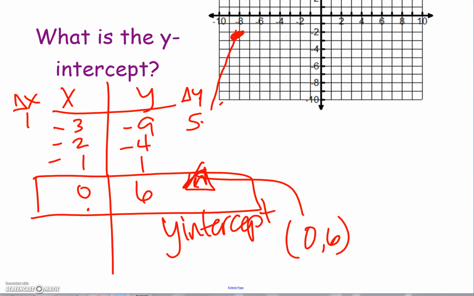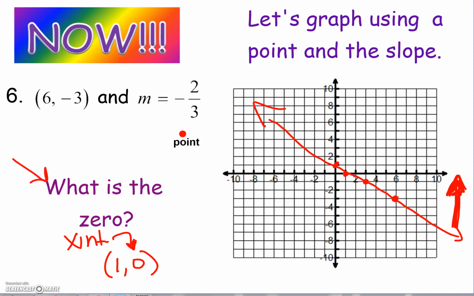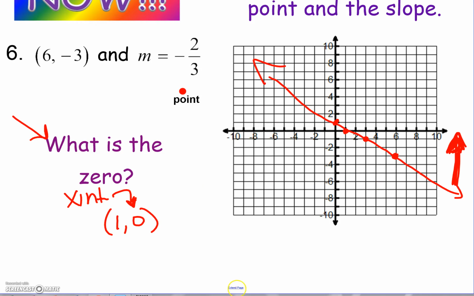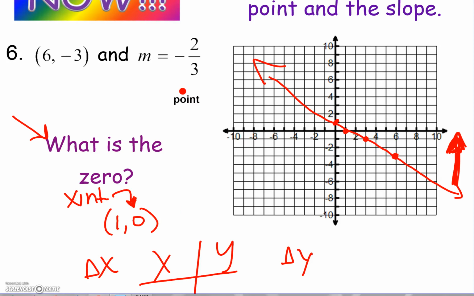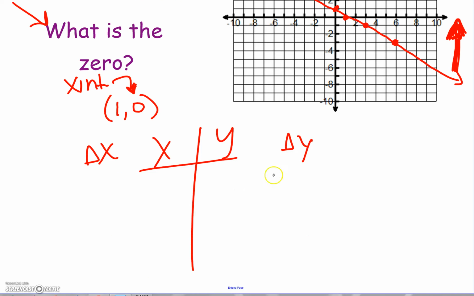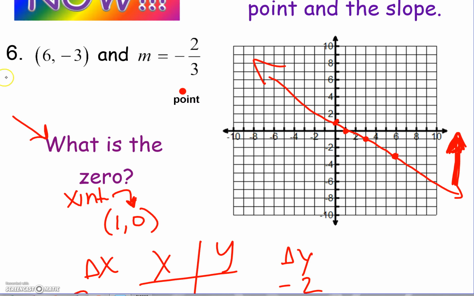Go back to your previous example and let's build a table for that one. So you have your x and you have your y's, and you have your change in y over here and your change in x over here. Now we know that we need to get our y to 0. So my change in y is -2 and my x is going to be 3. I'm sorry, our y is close to 0, so if I add 3 to that, it's already there.